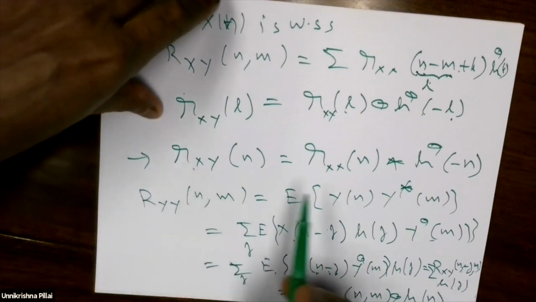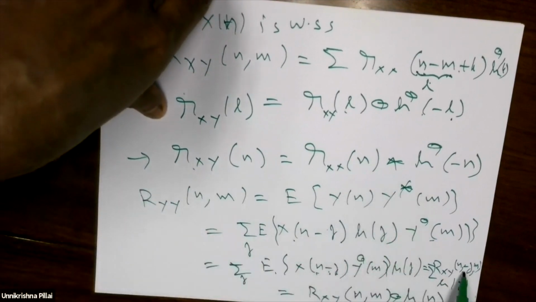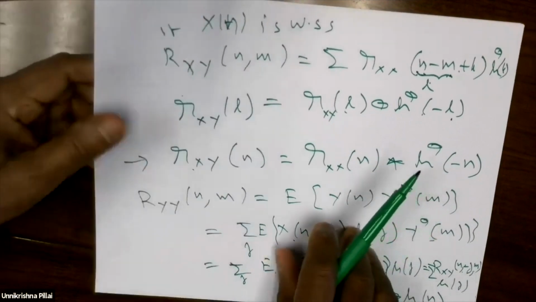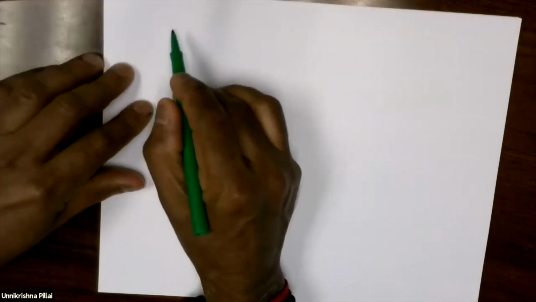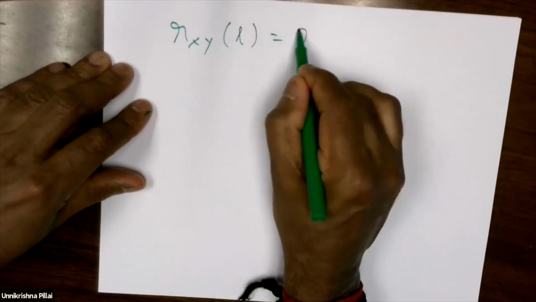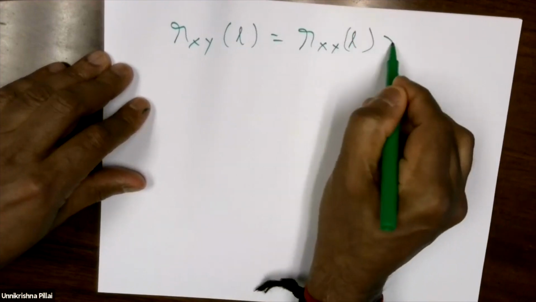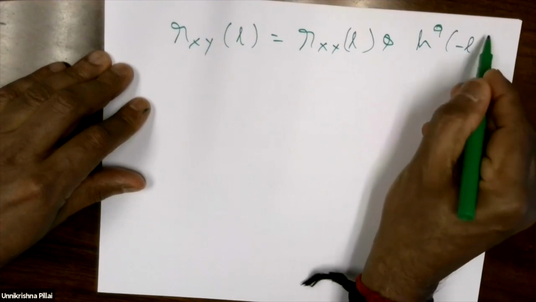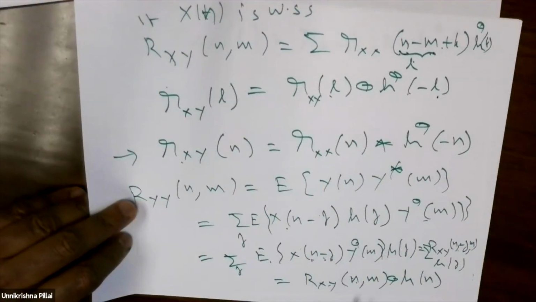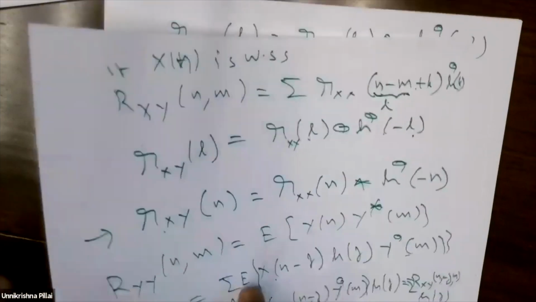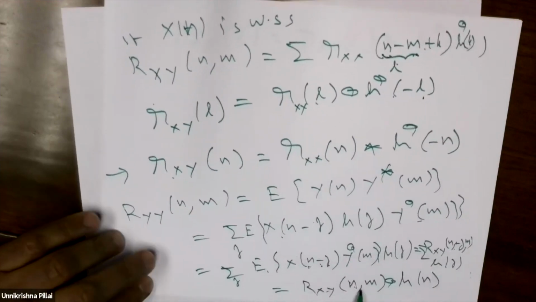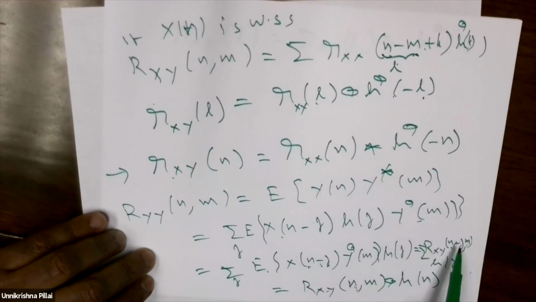Now, if this is wide-sense stationary, then this will become n minus m minus j. N minus m is a new variable, L. So we had before rxy L is rxx L convolved with h star of minus L. If the cross correlation is wide-sense stationary, then this will become n minus m minus j.